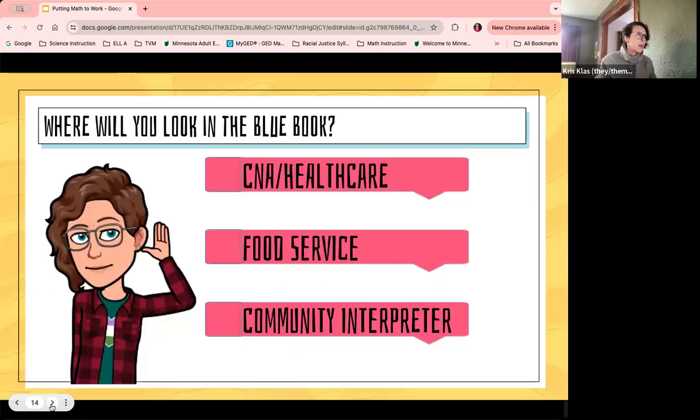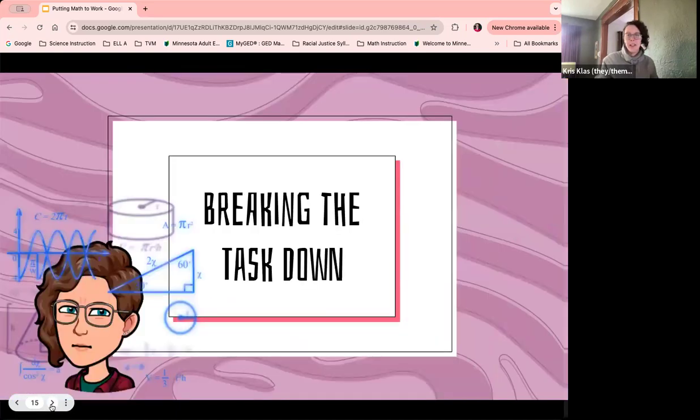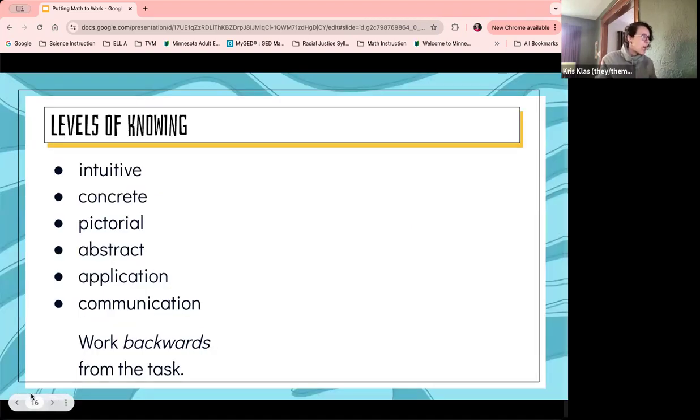All right, I'm looking at our time and I want to make sure that we get to this next section, breaking the task down. Something that I like to reference and think about whenever I'm building math practice into my class is the levels of knowing math. These are from Mahesh Sharma. If you did the M&I a million years ago, this is what we covered in there.